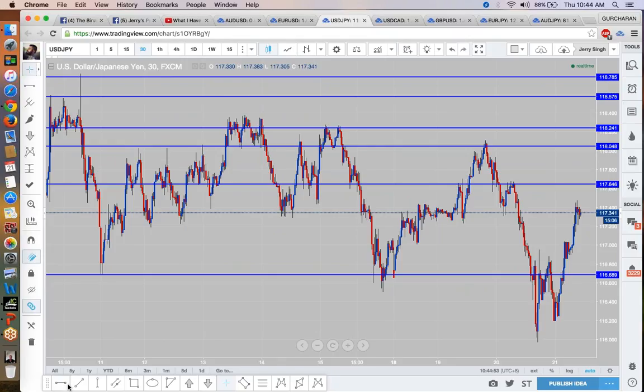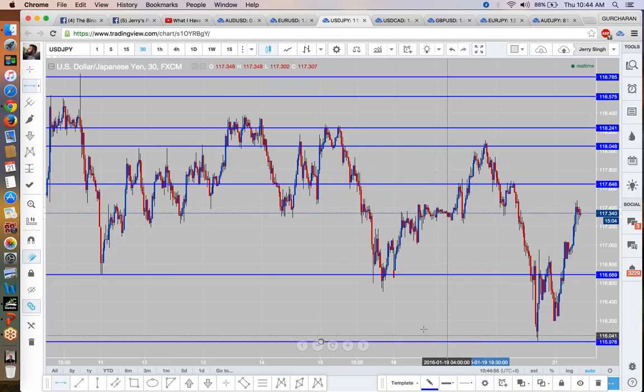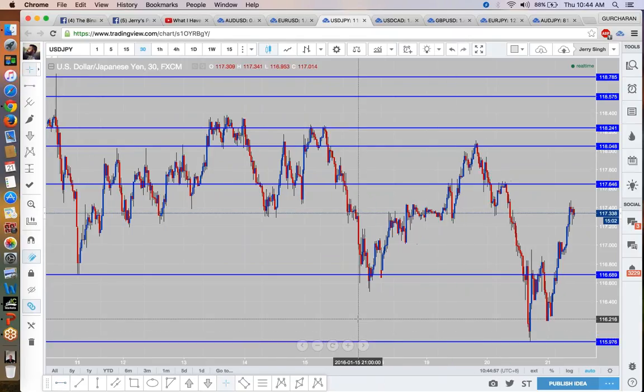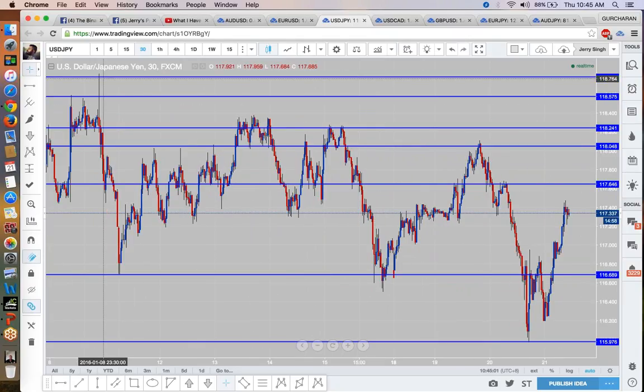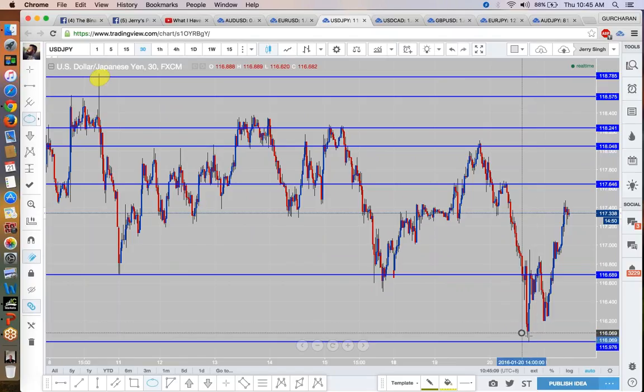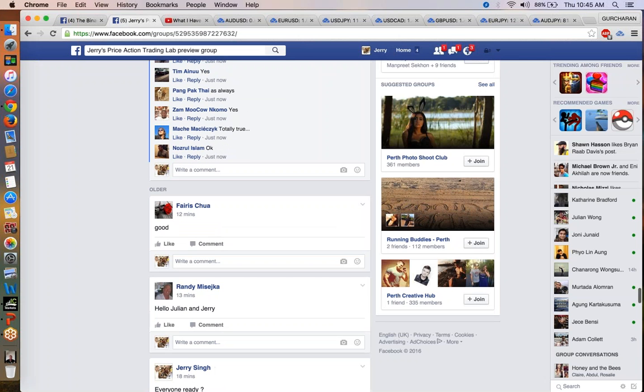All right. The first thing I want to do is mark the highest point and the lowest point that I can see on my chart. Highest point, lowest point. Everyone got that right now?